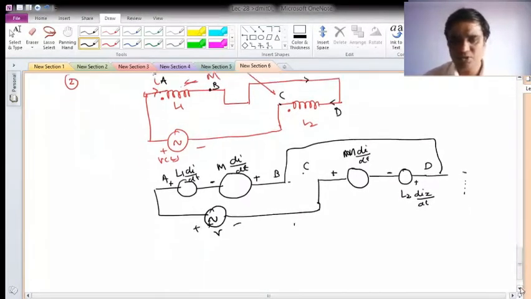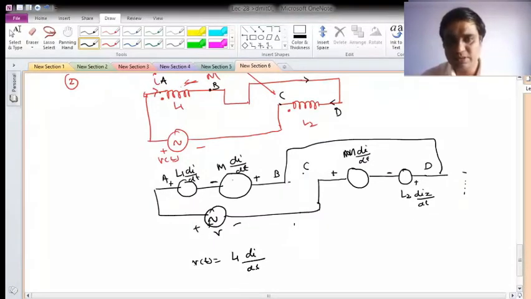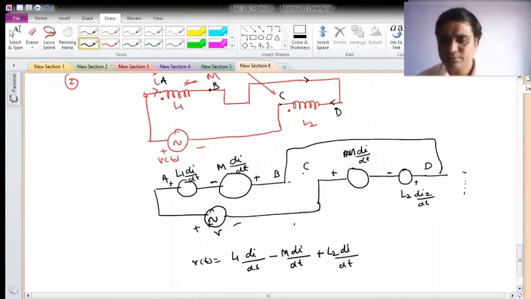Okay, so what is the equation now? V of t will be L1 di by dt. Here what is happening? Voltage rise. Okay, so it will now be reverse, minus M di by dt. This is plus, so it will be plus L2 di by dt. And here this was negative, so then rise, so it will be minus M di by dt.